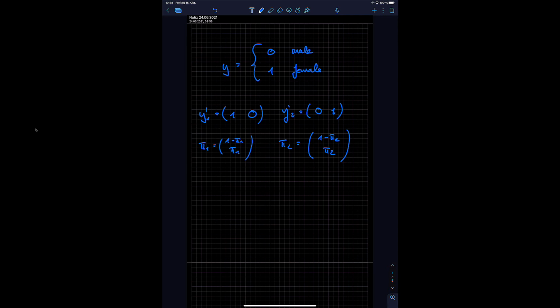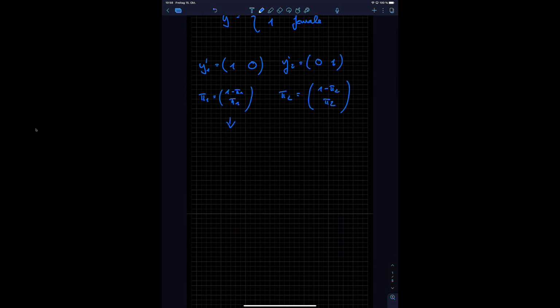Okay, and now for instance, for the first observation here, what we will use for the loss function is minus log of probability.